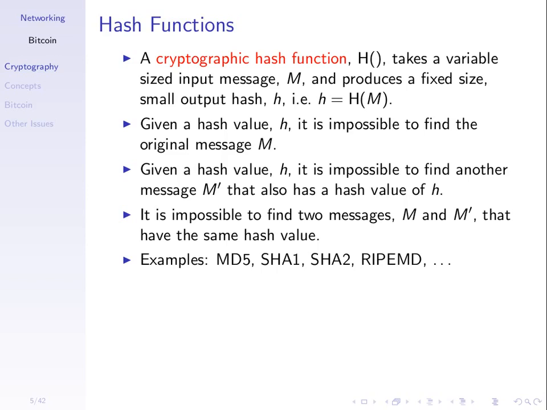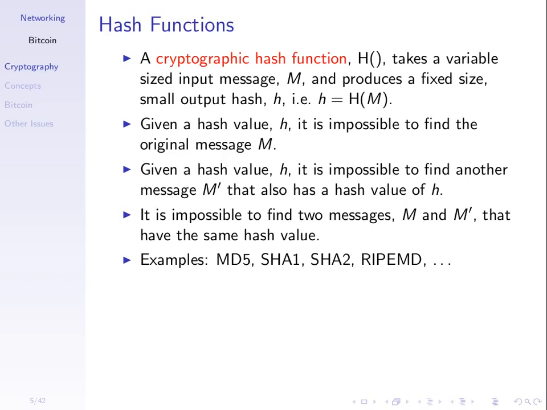If they match, it means you've got the same file that the web server had. If they don't match, if the two hash values are different, it means the two inputs were different, which means the file at the web server and the file you have are different. So you'll see it with that purpose. That's mainly for error detection, to check that the file you received has no errors in it.